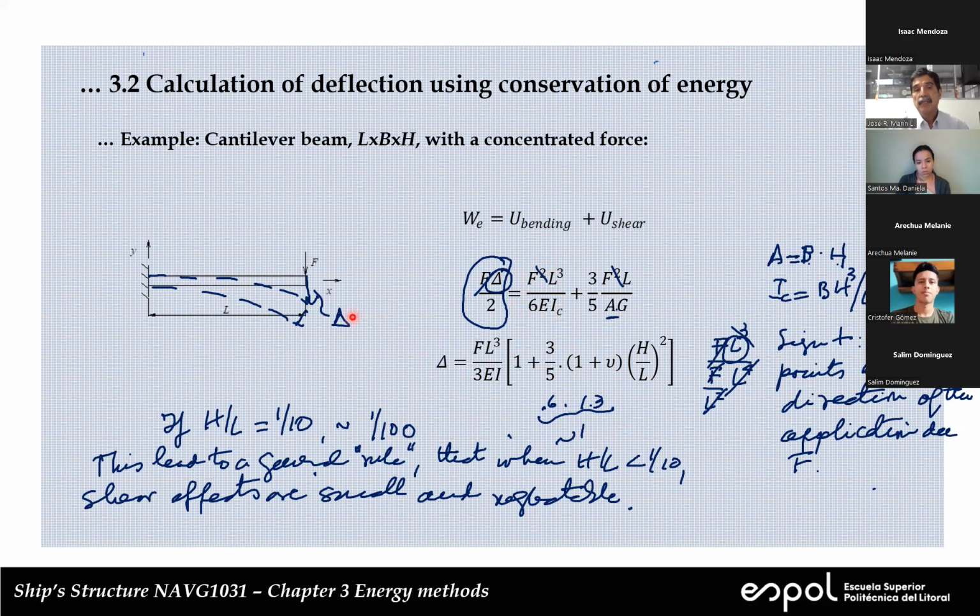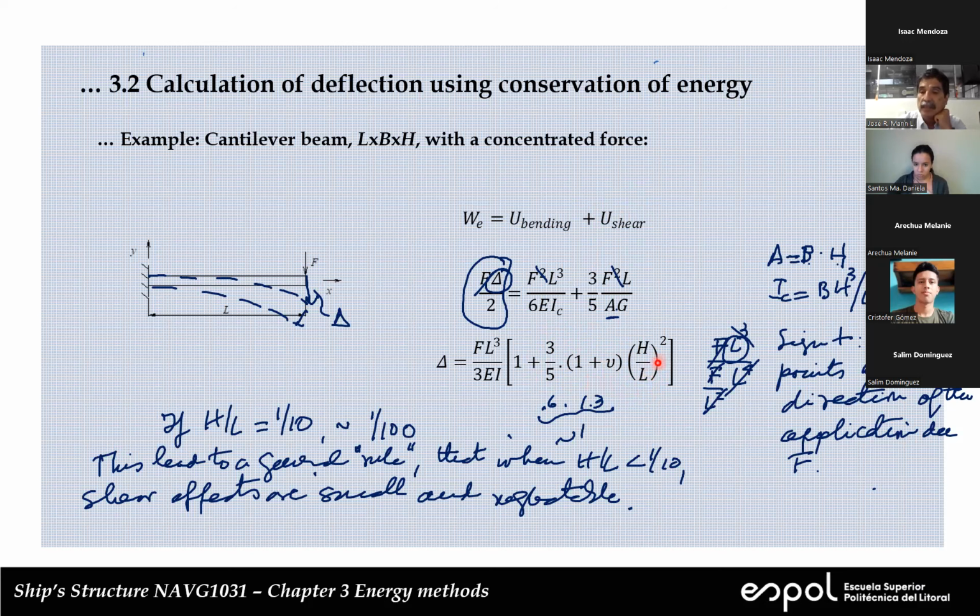That means that if we use pure bending to analyze this beam, this is going to be the deflection of the end point, okay? But now, since we are considering the effect of the shear, this is the influence from the shear, okay? And the thing is that this term could be of a magnitude which is completely negligible or could be of some importance.